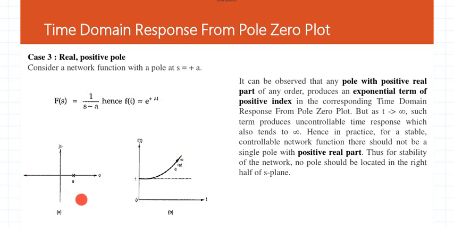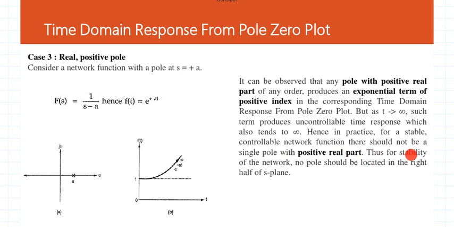Therefore, if any pole lies in the right half of the S-plane, the nature of the output of such a network is unstable, making the output uncontrollable. Therefore, we say that in practice, for a stable system, there should not be a single pole with positive real part.